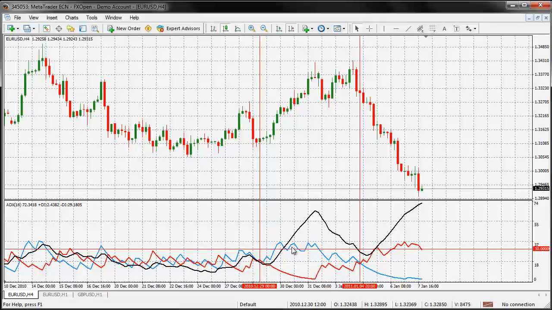Now when I see something at this particular point where I go long, I'm going to do a larger lot size than normal, because this black line has actually touched the blue line, the positive directional index, at the point I needed to open the trade. Not after I opened the trade, but I will explain this in a little moment as we move along.